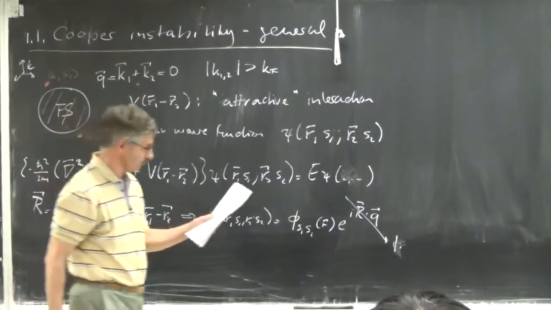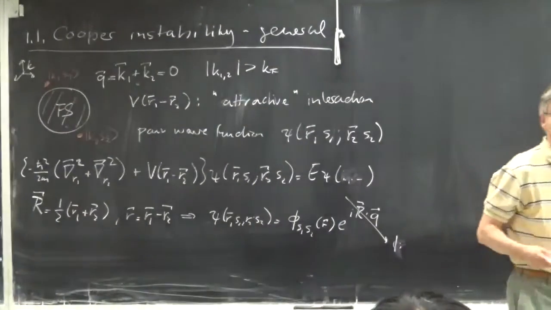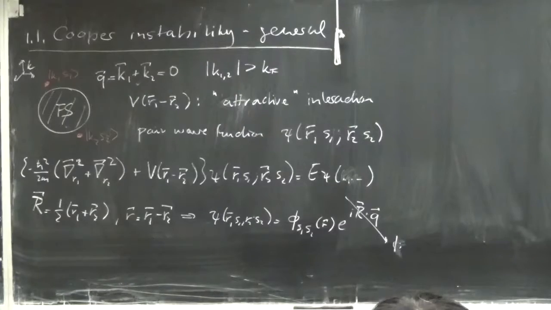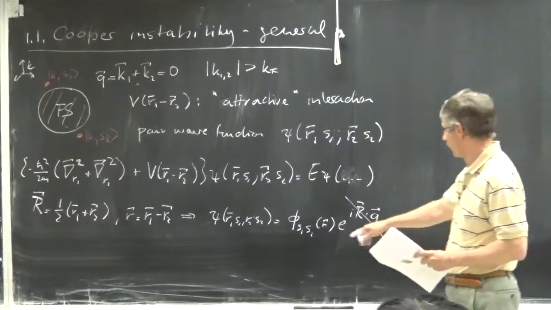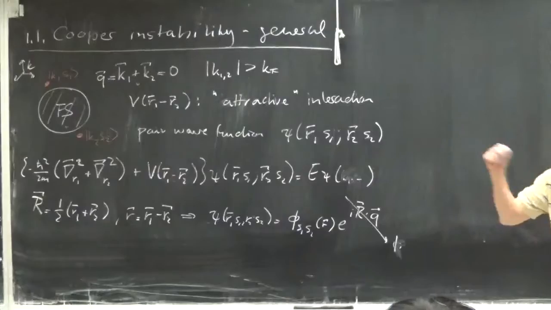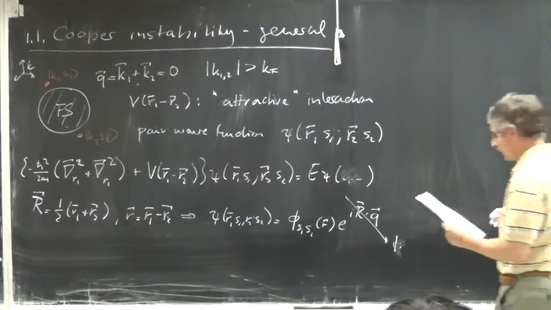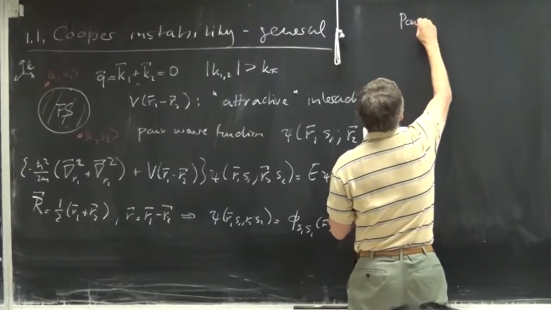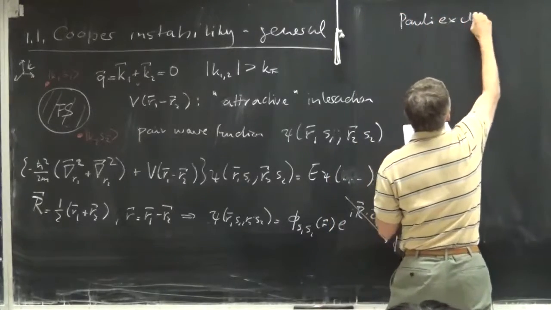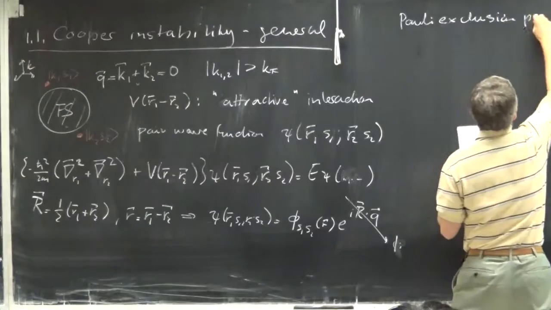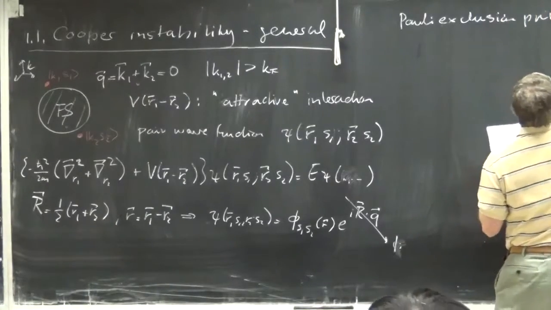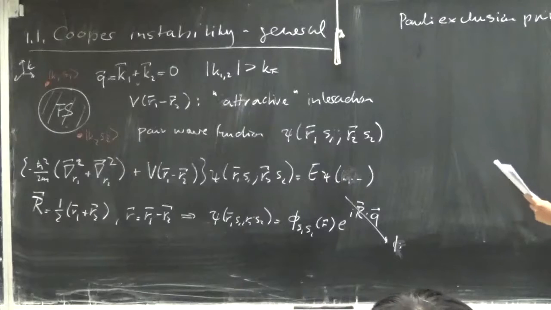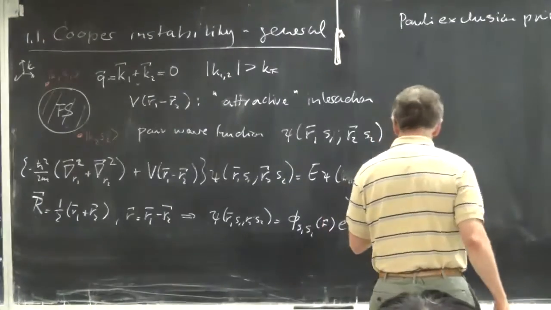Now, there's a next symmetry aspect coming up, which we can use. We have two identical particles which we put together, and so the Pauli exclusion principle now allows us to simplify or to characterize these states a little bit better.